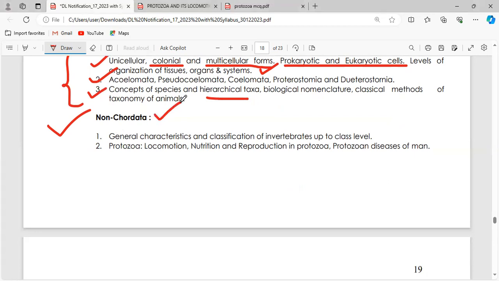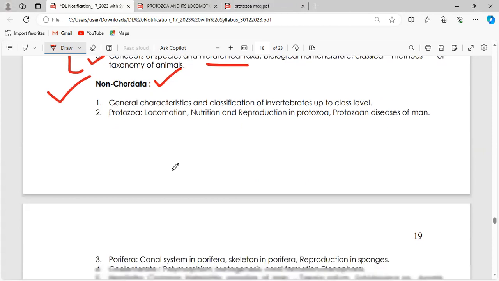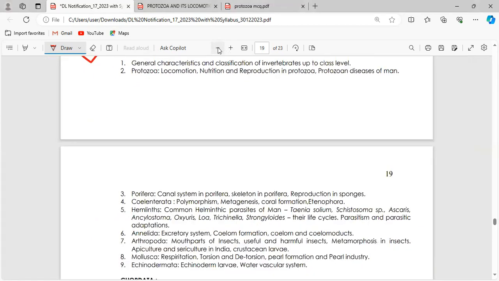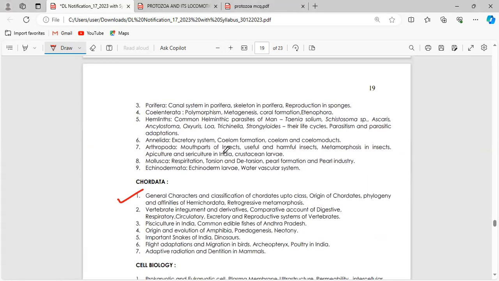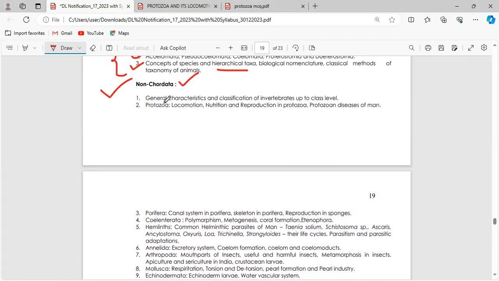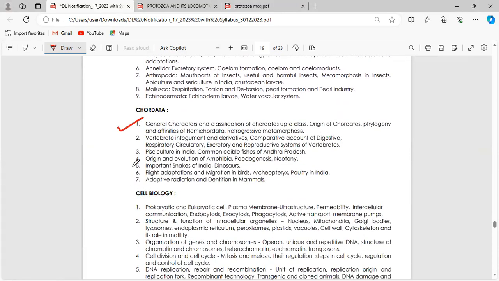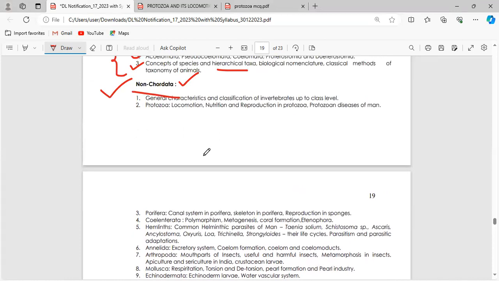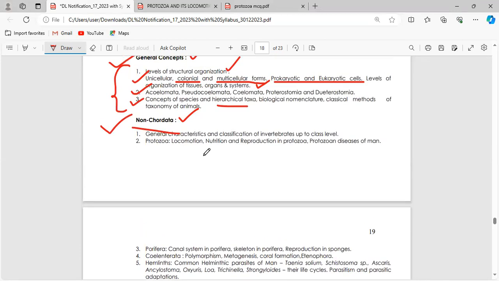And when it comes to the non-chordate data, you have to keep in mind the important thing: the example plays a crucial role when it comes to the questions with respect to this non-chordate data, clear? And before we read each topic given in the non-chordate data and chordate data, you should know what is the difference between non-chordate and chordate, and what is the difference between the invertebrates and chordates.